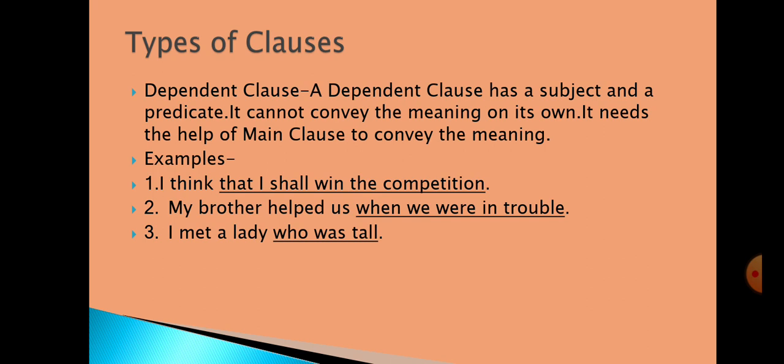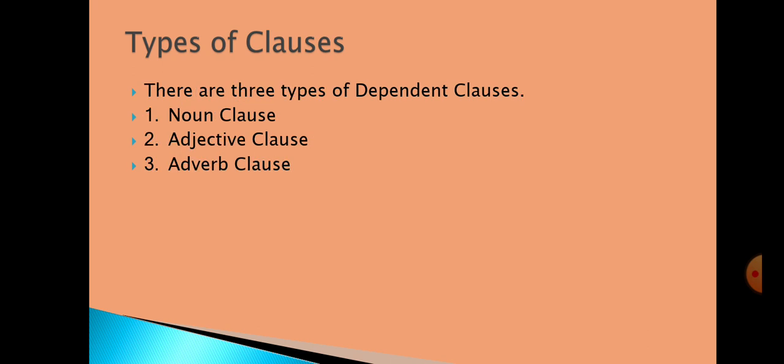Look at the second sentence, my brother helped us when we were in trouble. तो यहाँ पे भी क्या है, when we were in trouble is a dependent clause, और my brother helped us वो main clause या independent clause है. I met a lady who was tall, यहाँ पे क्या है, I met a lady जो है वो independent clause है, और who was tall जो है that is a dependent clause.